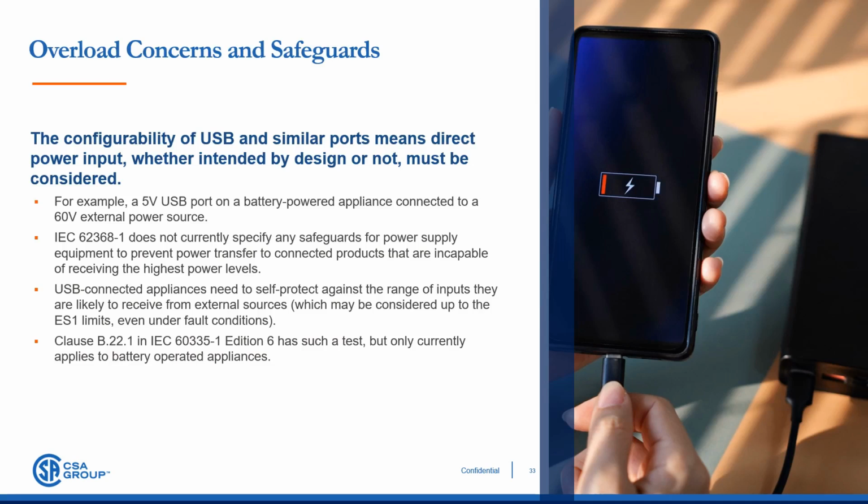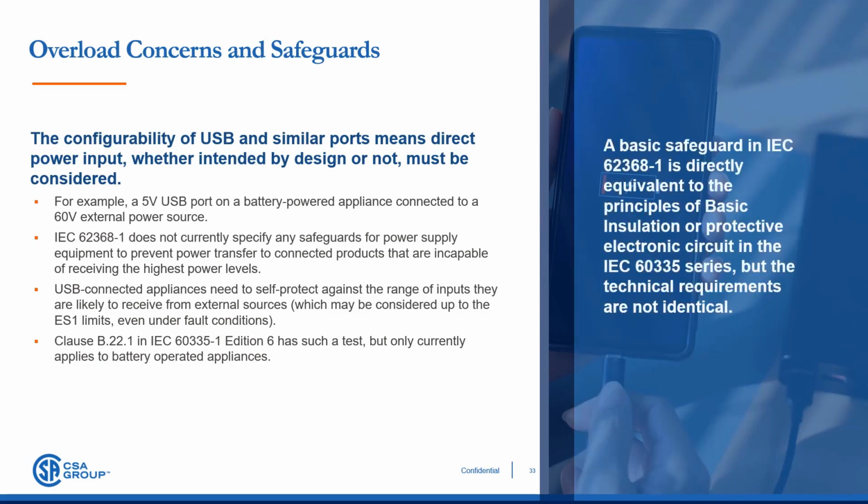To be compliant to IEC 62368-3, the ES1 output levels must not be exceeded even under the fault conditions of any circuit, with the exception of a basic safeguard, so it is reasonable to consider input voltages up to this level. A basic safeguard in IEC 62368-1 is directly equivalent to the principles of basic insulation or protective electronic circuit in the IEC 60335 series, but not identical technical requirements.